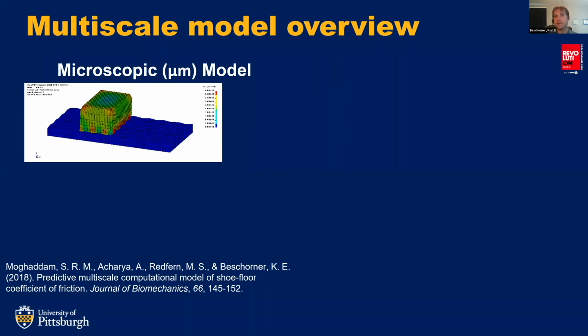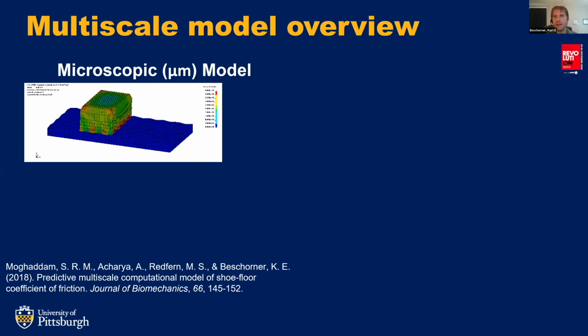One of those scales is at a micrometer scale, which is the zoomed-in scale. At the micrometer scale, on most floor surfaces, you will see noticeable peaks and valleys. Our model simulates what happens when you have a rough shoe surface with peaks and valleys sliding against a rough floor surface also with peaks and valleys.